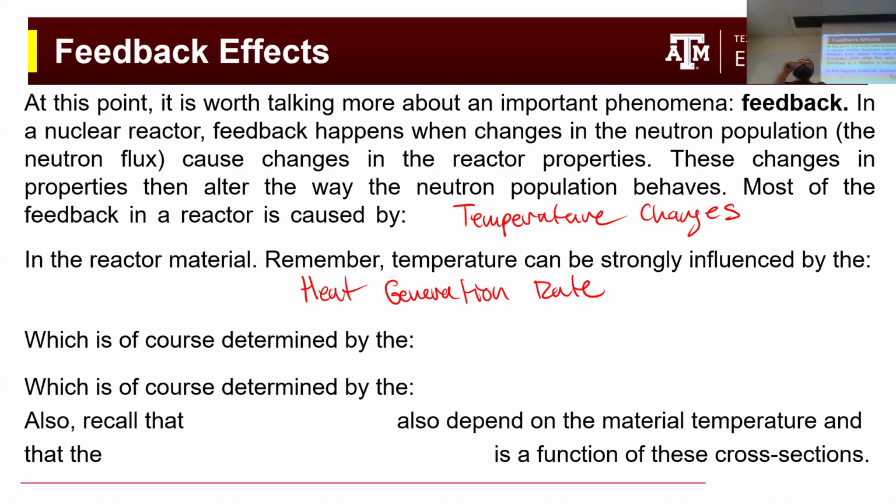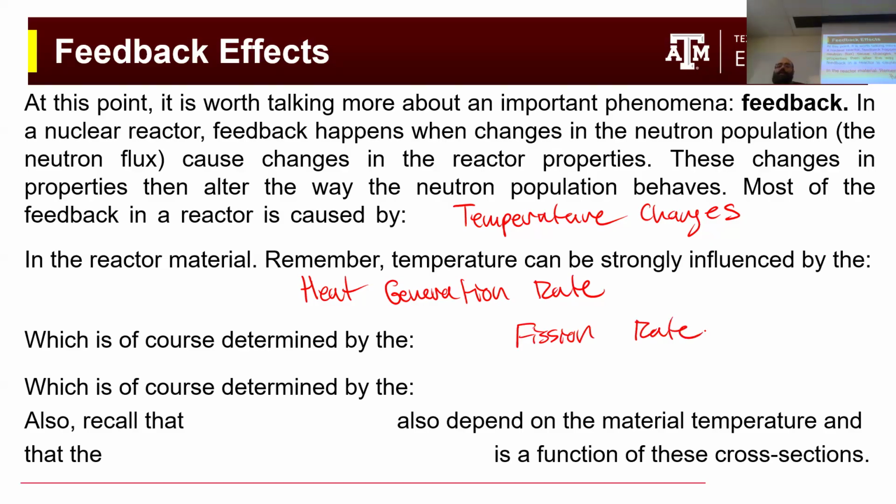And the heat is being produced in our reactor from what reaction? What's the reaction that makes our system heat up? Fission, right? So it's the fission rate that's going to determine the heat generation rate.